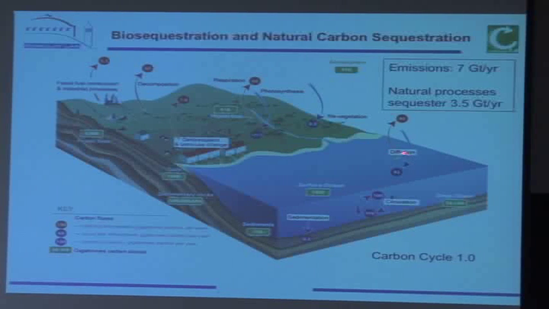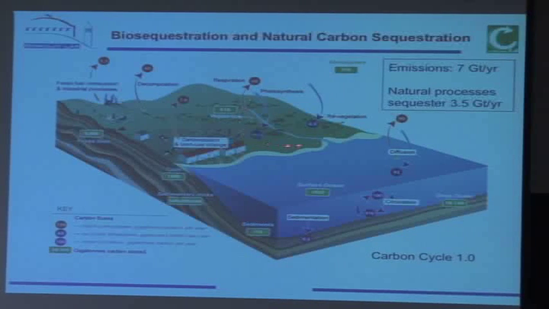About half of that goes into the oceans. As you increase the CO2 concentration of the atmosphere, a lot of it goes into the ocean and eventually gets sequestered by sedimentation on the ocean floor. But terrestrial ecosystems also take up about the other half of this 3.5 gigatons of carbon per year.